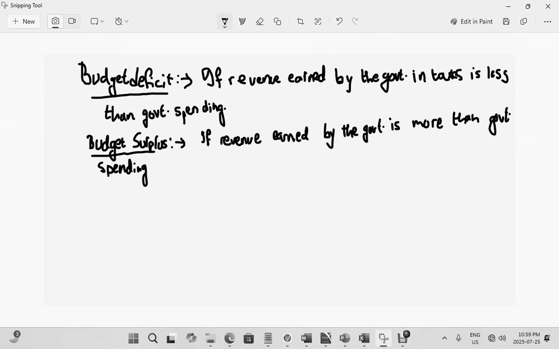So if revenue earned by the government is more than government spending, this will be a surplus, just like any other surplus, where if you make more revenue than your expenses, you have a surplus.